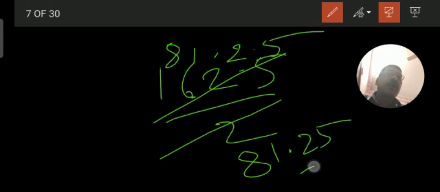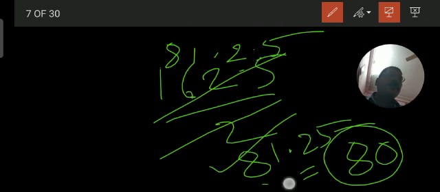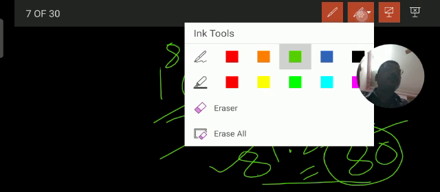But the actual mass of bromine is 80, which is also very close to 81.25. There is not much difference between 81.25 and 80. So here also he was successful.